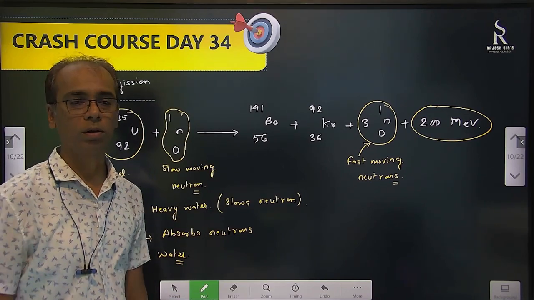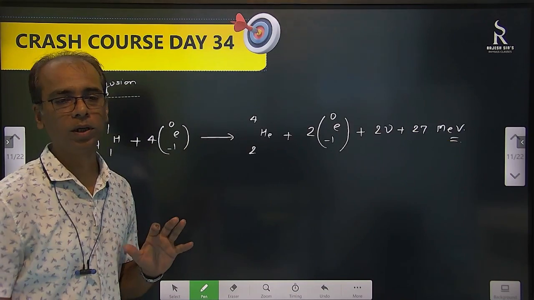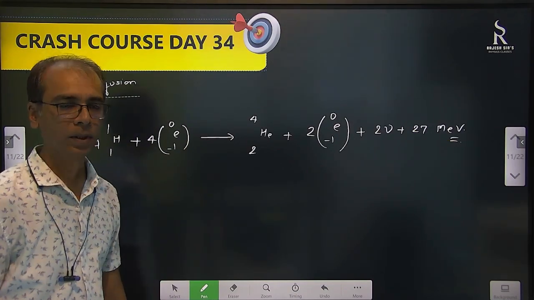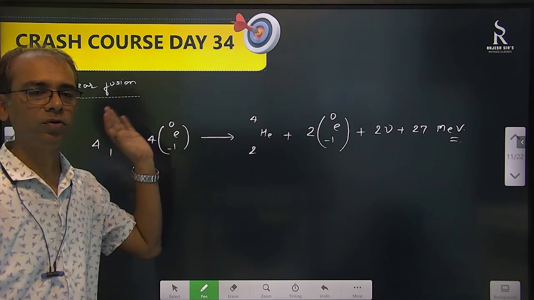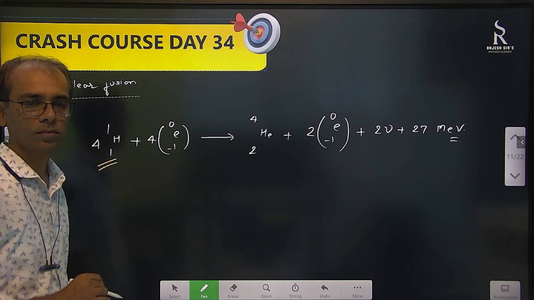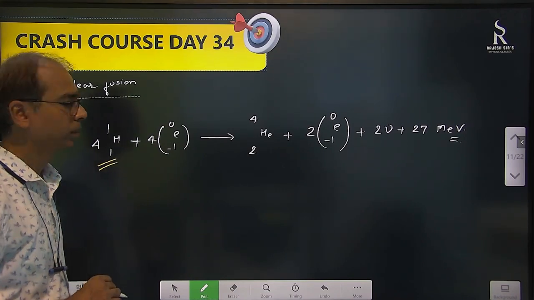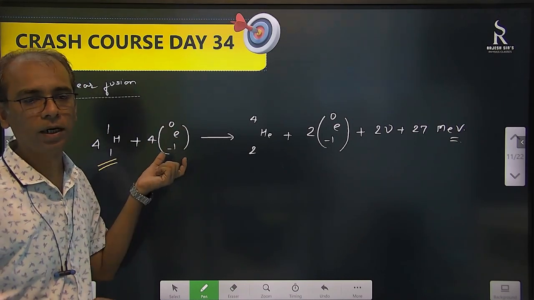Then we have one more, fusion. In fusion, lighter nuclei come together and make heavier nuclei. This is the process which takes place on the sun. So 4 hydrogen nuclei, and this is -1 E0, the beta particle, negative beta.